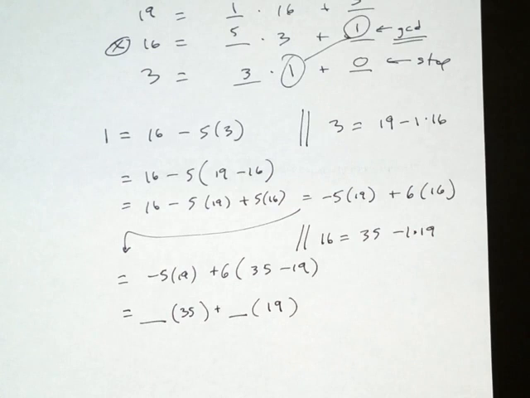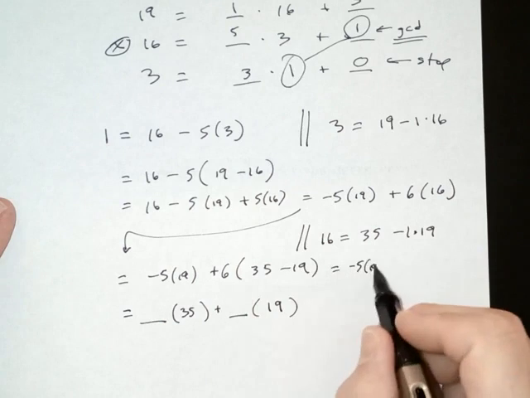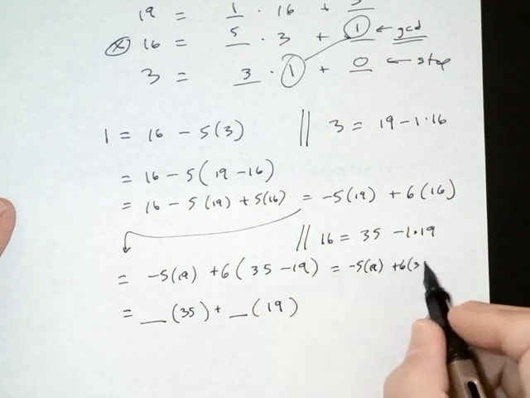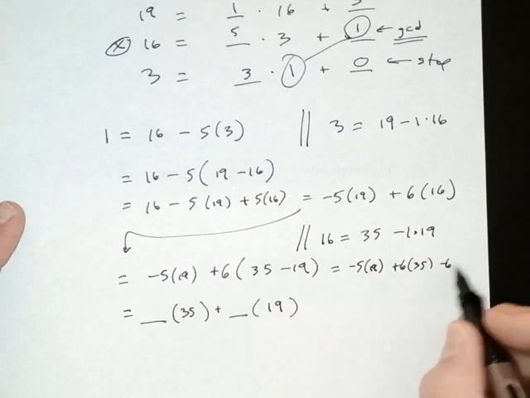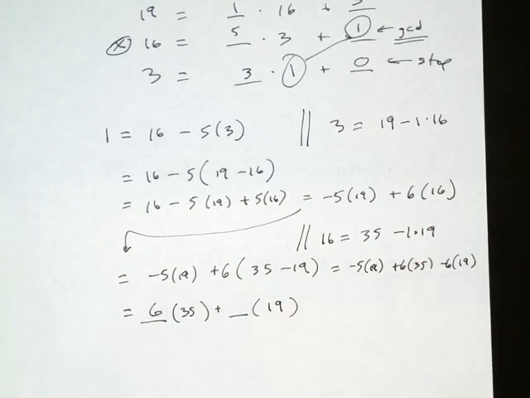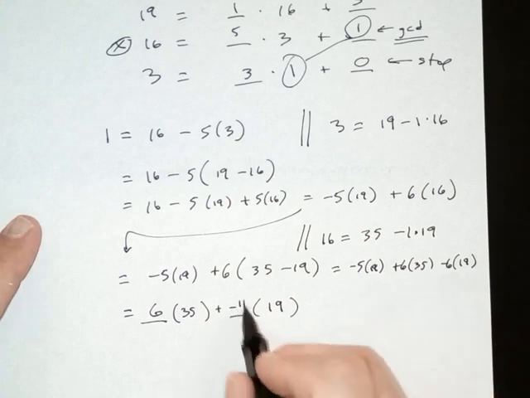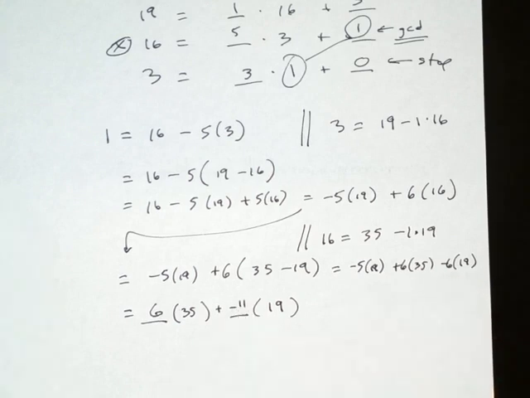How many 35s do I get? Say again? I get 6 of them, right? Because this is minus 5 times 19 plus 6 times 35 minus 6 times 19. So I have 6 35s and how many 19s? Minus 5 of them and minus 6 of them makes minus 11 of them.